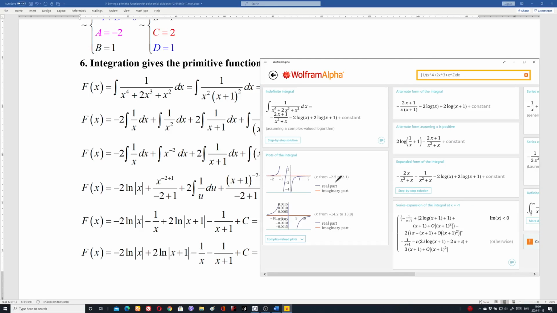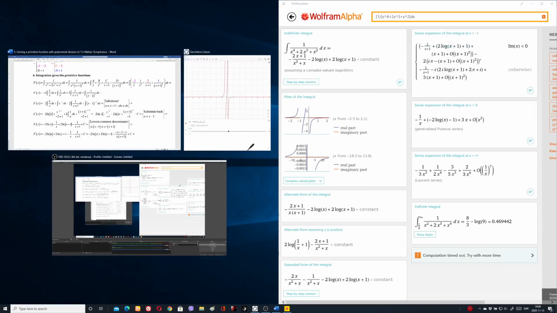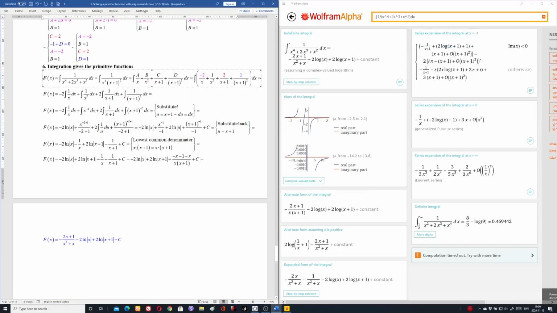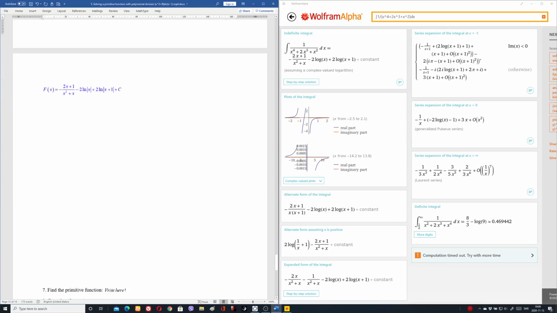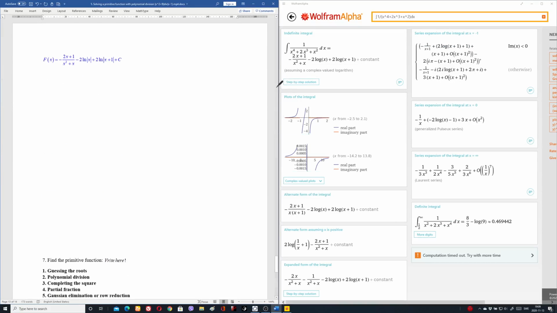Okay. So Wolfram is saying the result is minus 2x plus 1 over x power 2 plus x, minus 2 ln x plus 2 ln x plus 1, plus some constant c.